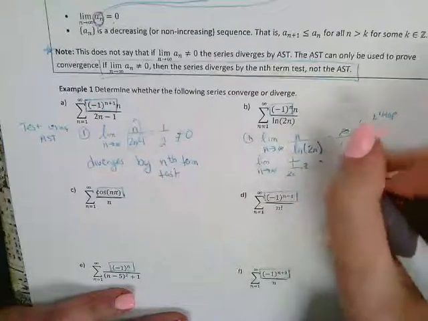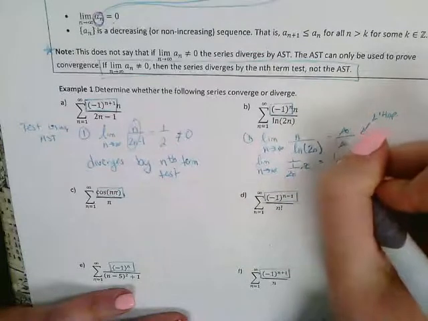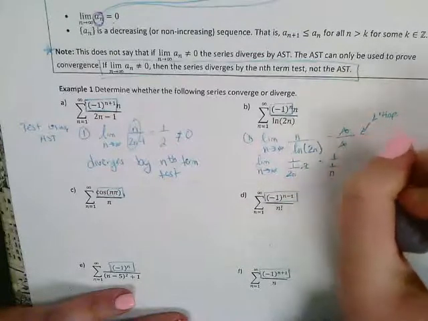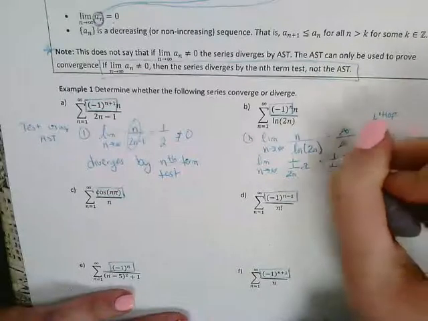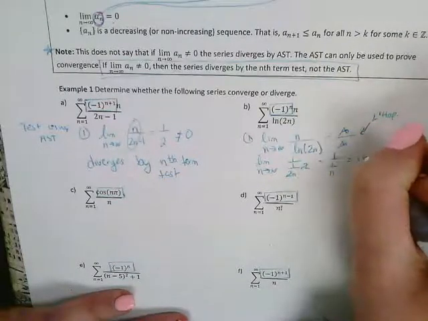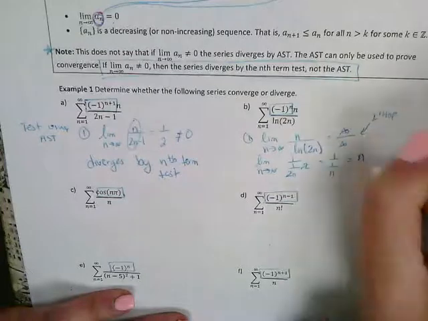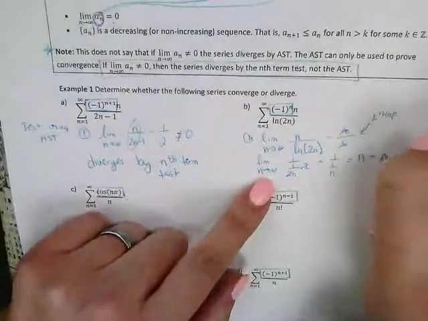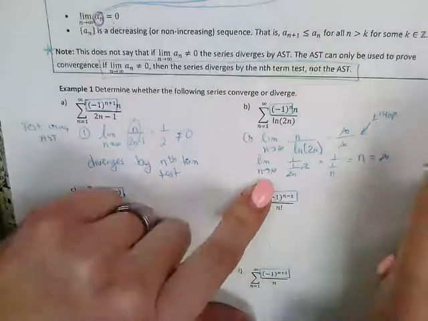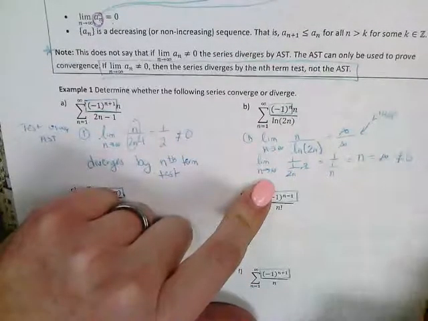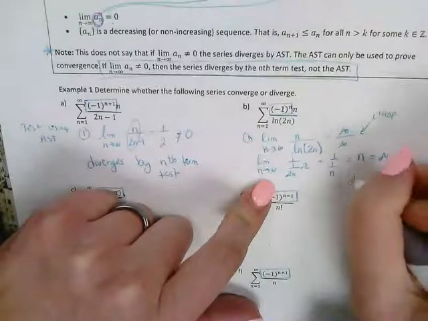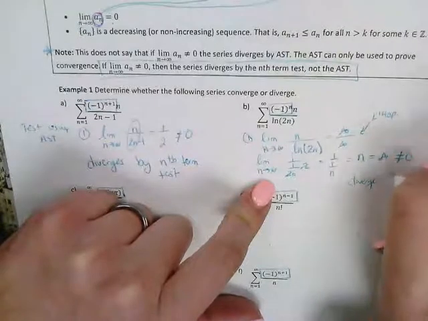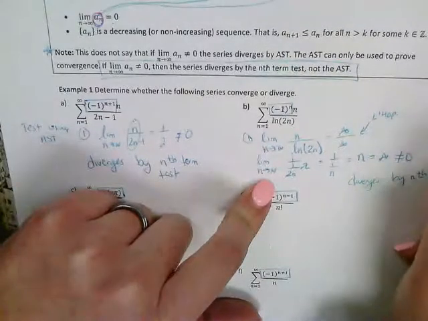The 2's are gone, to 1 over 1/n, which remember is 1 times n over 1, and that's just n. And when you plug in your infinity, that's infinity. Does that equal 0? No. So this diverges by what? By the nth term test.